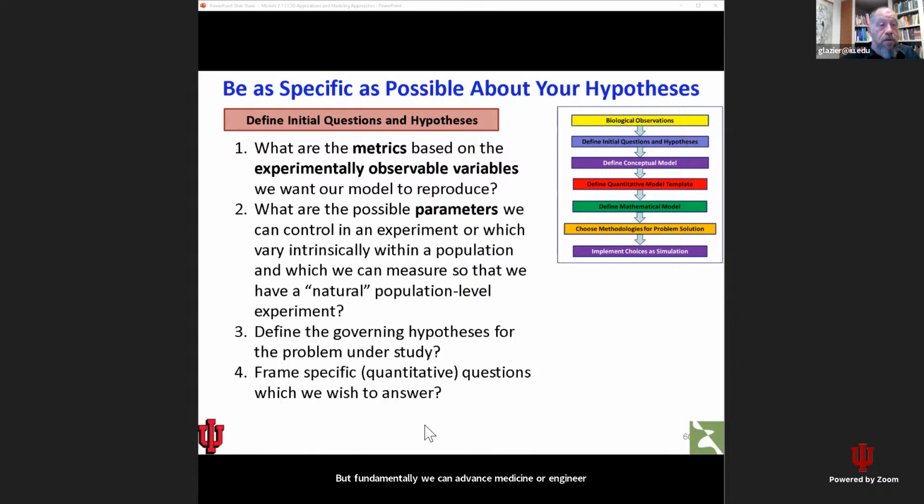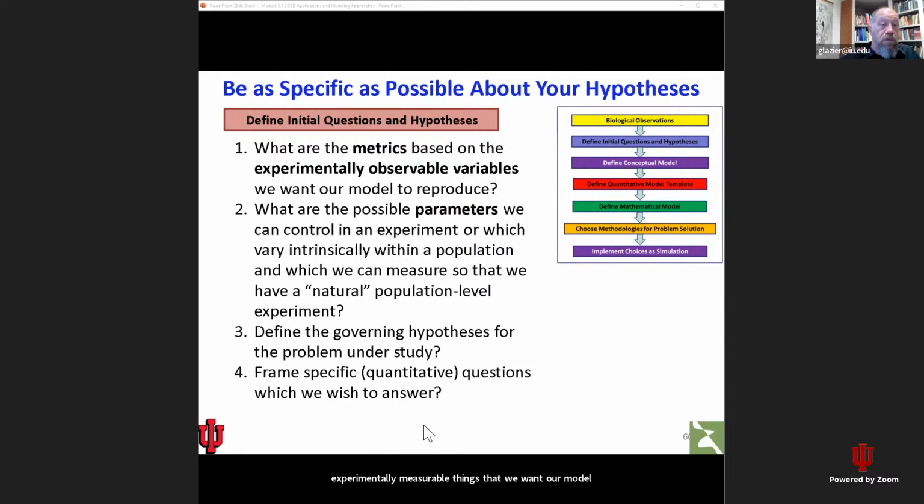Then you have to go through, and this is perhaps the single hardest part of model development, and define what your initial questions and hypotheses are. And very often the hardest thing is that we have ideas about relationships, but they're vague. What are the experimentally measurable things that we want our model to reproduce?